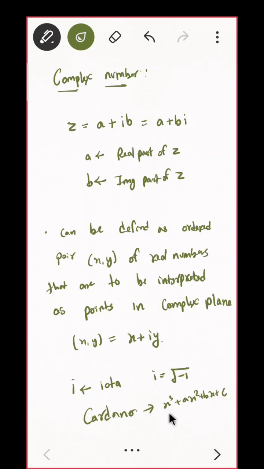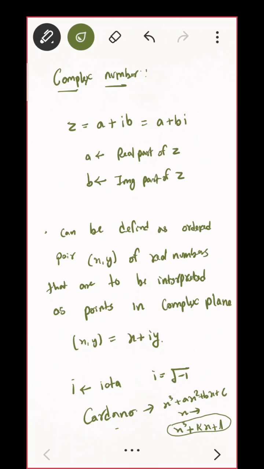What he used to do in the first step, he used to substitute something. He used to replace x by something, so that this a gets 0. A will become 0. Then your equation will be of this form, that is x cube plus some, say, kx plus some l. Then it is easy to find the roots. So this was the rule of Cardano.